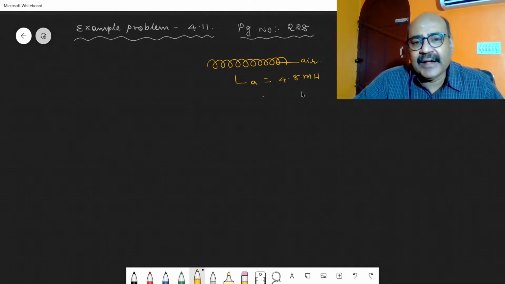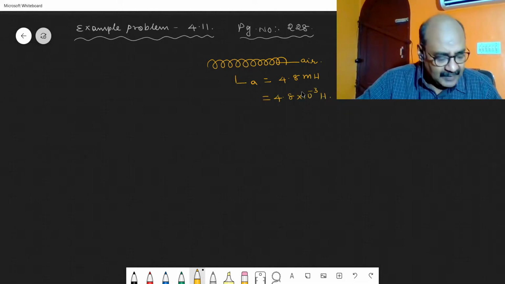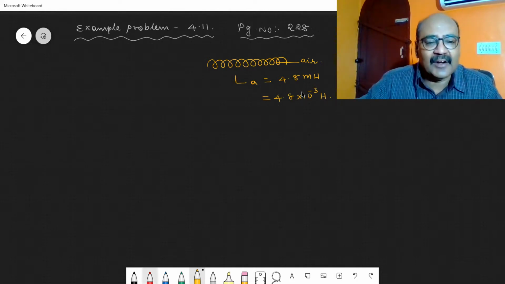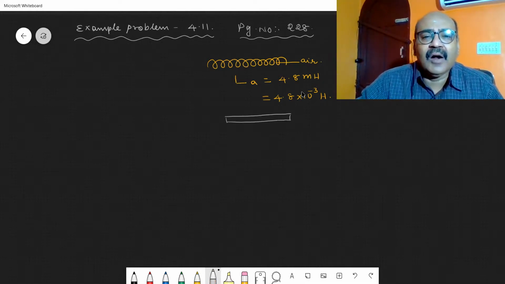If it is 4.8 millihenry, I can write it out as 4.8 into 10 to the power of minus 3 Henry. Then if its core is replaced by an iron core, that is over that iron core, the coil is said to be wound.